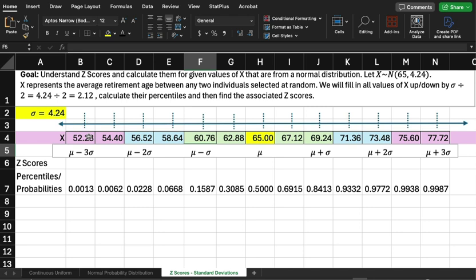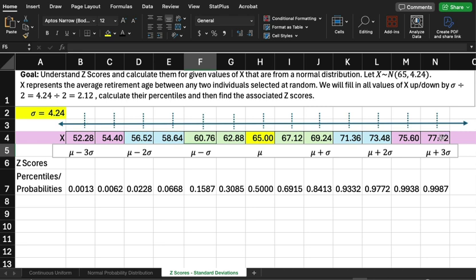So this is a number line that shows my x's, and again, the farther away from 65 you get, the less likely they are. Since there is really no limit on these numbers, theoretically you could keep going. You could go further down past 52.28 to the left, or beyond 77.72 to the right.